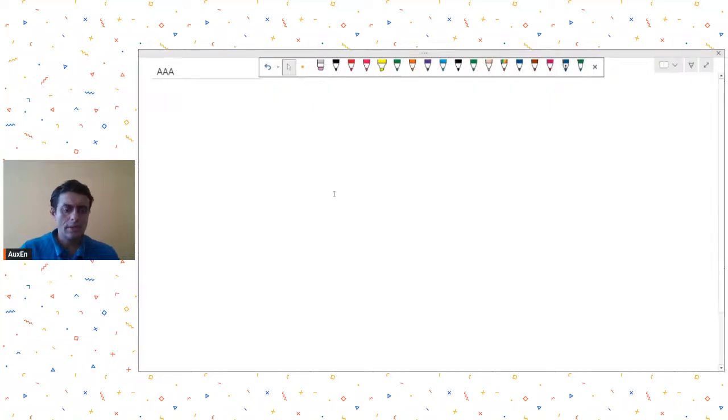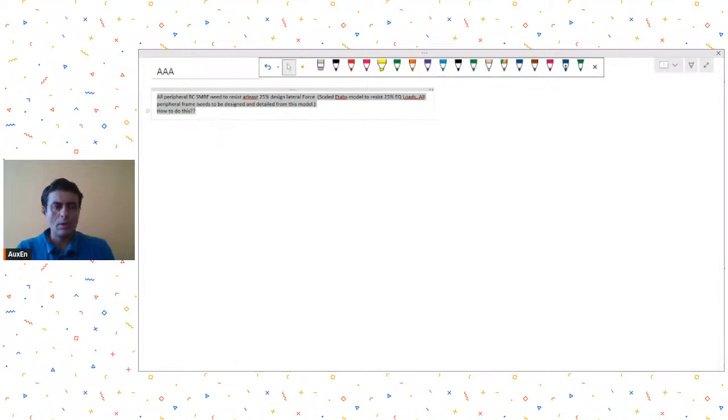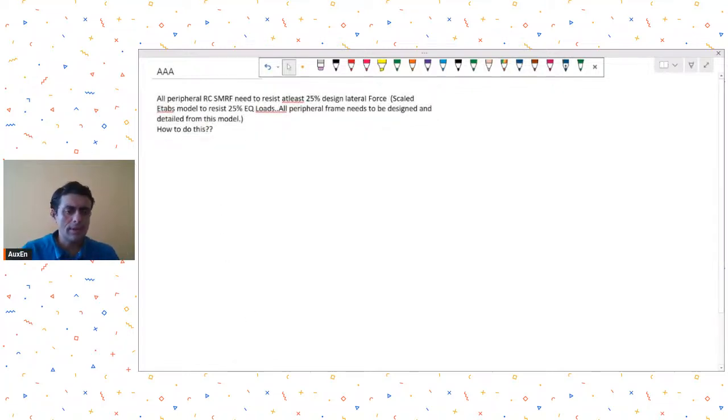So he is quoting this clause from IS 13920, which is the requirement for your dual system, if I remember correctly. All peripheral RC moment resisting frame need to resist this. Okay. Let me also have a look at the exact clause provision that is there.